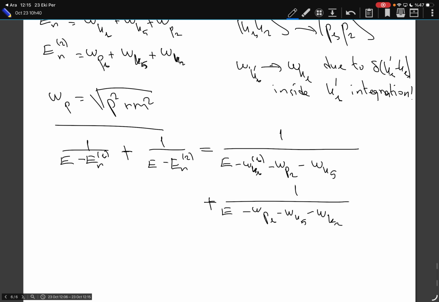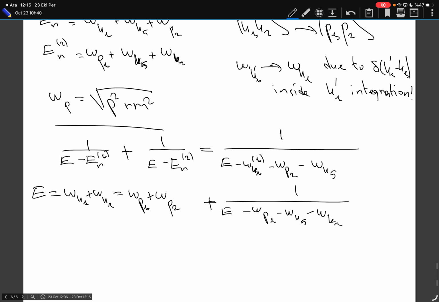I will use one more thing. E is equal to omega K1 plus omega K2, which will be equal to omega P1 plus omega P2. I will use overall energy conservation.